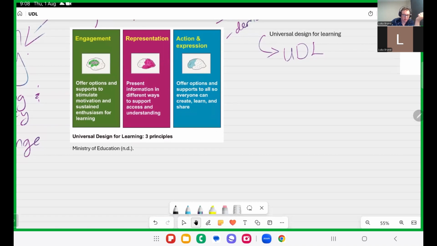Then we're going to look at action and expression, which is about how. How are we learning? And how are we presenting what we learned? So this video is actually a really good explanation of this step. Because at the moment, some of you are aware, I'm studying for a master's in education.